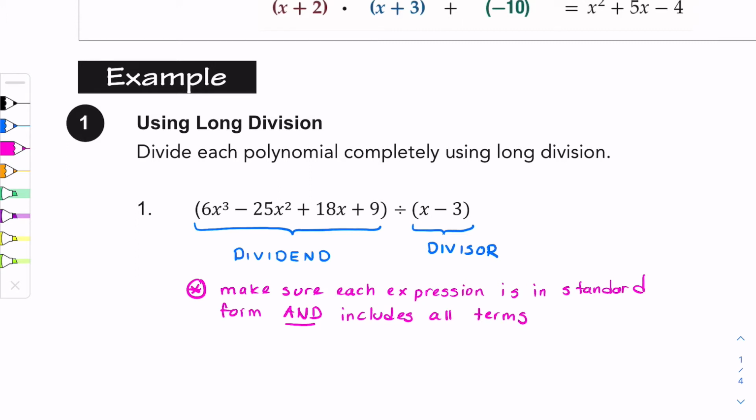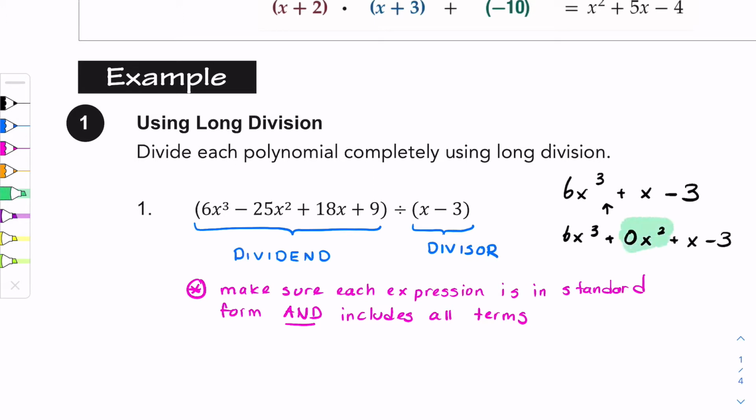So what does that mean by including all terms? Well, what it's saying is if you have an expression that's missing a value, such as, for example, 6x cubed plus x minus 3. This is missing the x squared value. So if this happens, which it does not on number one, I'm just giving you an example, you would have to add in a 0 value to make sure that your standard form is complete.